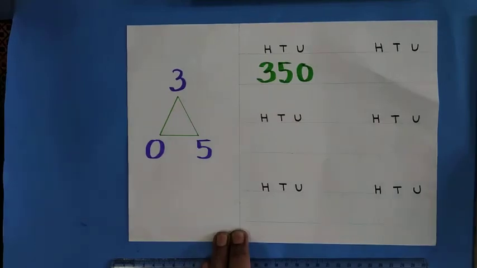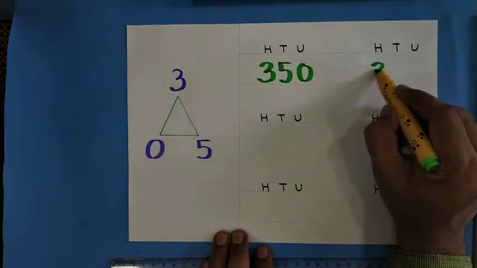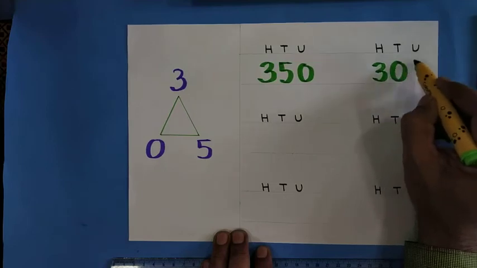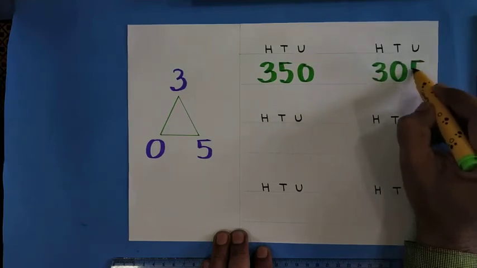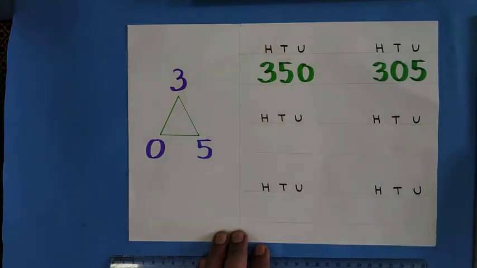The number is 350. Now anti-clockwise. 3 at the 100 place, 0 at the tens place and 5 at the unit place. So you got the number 305.